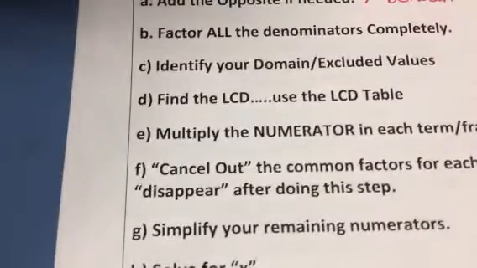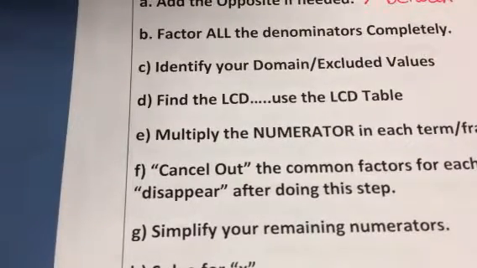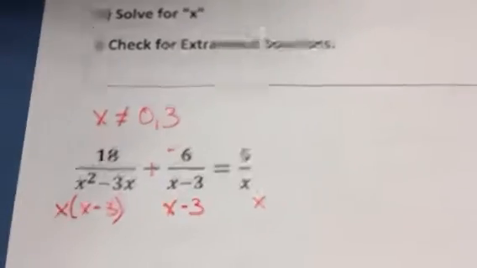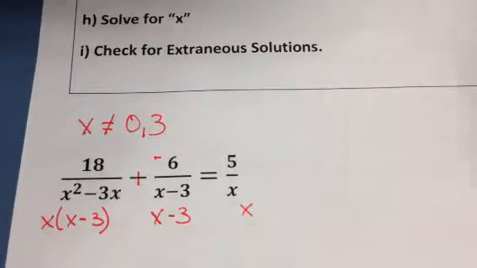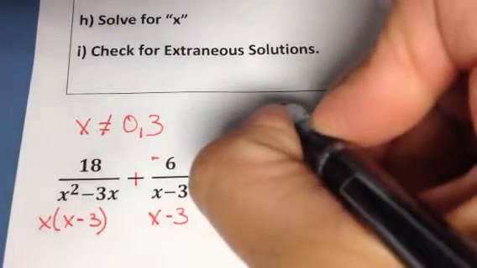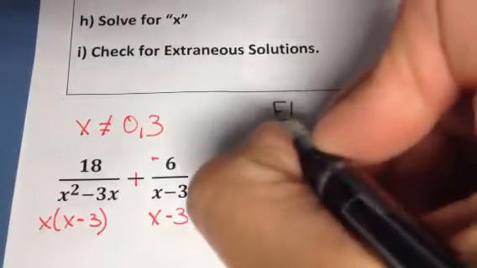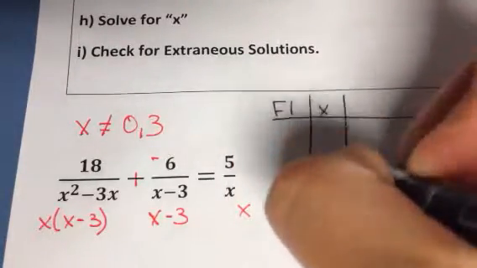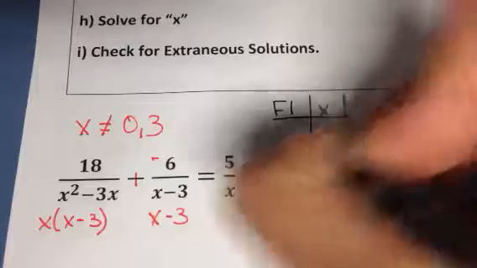Next thing we're going to do is find the least common denominator. We did that with adding and subtracting. Some of you can just look here and see the least common denominator. If you can't, then I recommend you make that least common denominator table. So the least common denominator table would look like this. Fraction 1 would have factors of x and x minus 3.